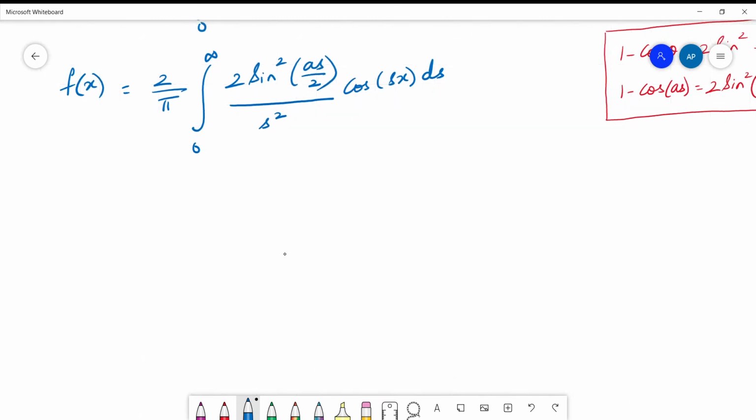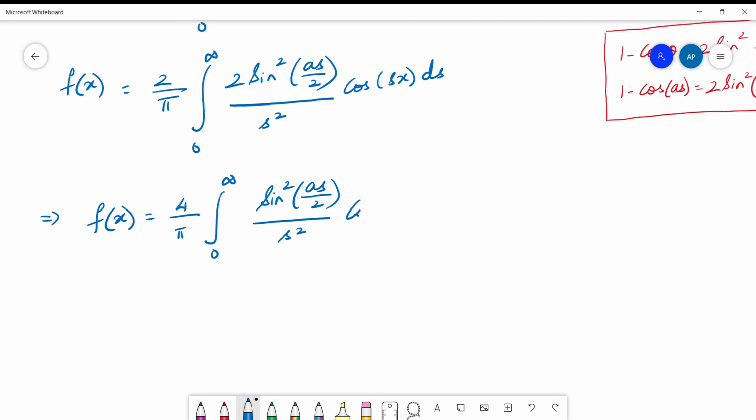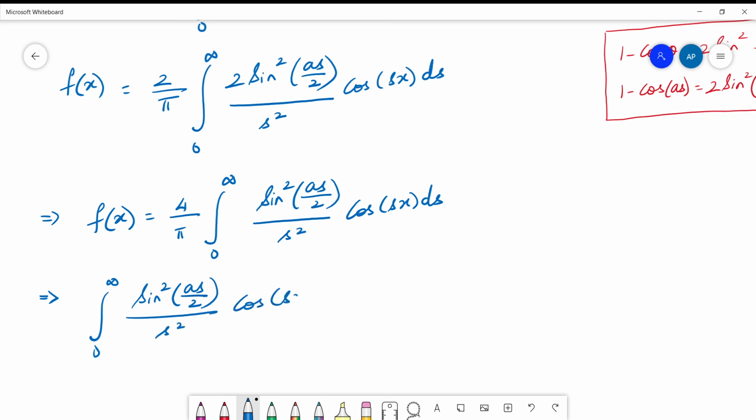So this becomes f of x is equal to 4 by pi integral 0 to infinity sine square as by 2 divided by s square cos sx ds. Now let me keep the integral as it is and then take the constant to the other side so that we will know how to proceed further. So I'll keep the integral as it is and then take that pi by 4 to the other side so that it becomes pi by 4 into f of x. So this is the Fourier integral representation. Now look at what we want.